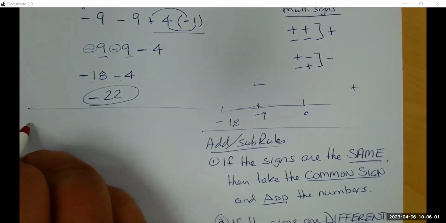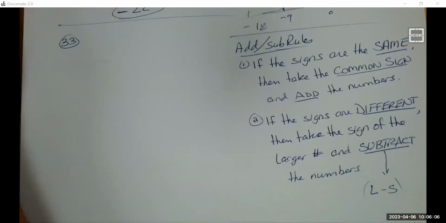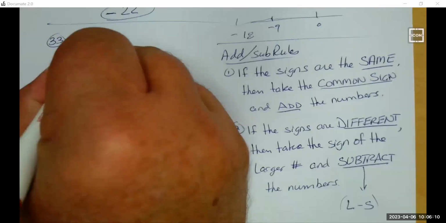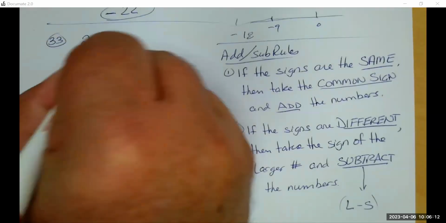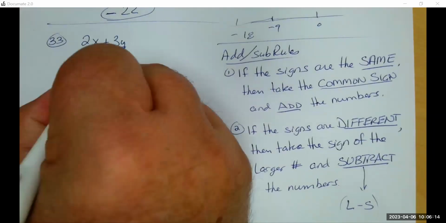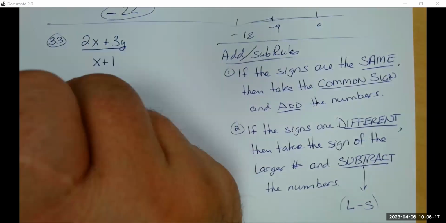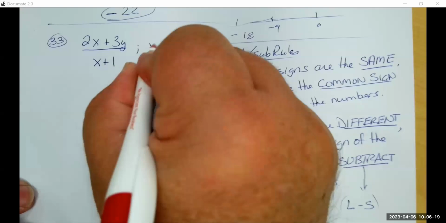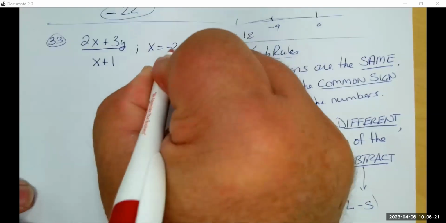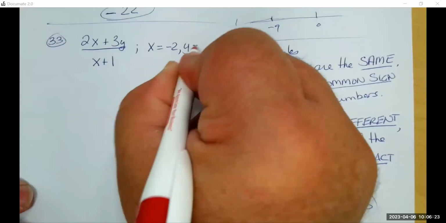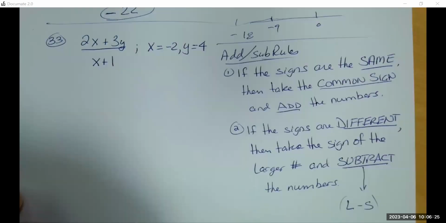All right, let's look at number 33. Two x plus 3y over x plus 1 when x equals -2 and y equals +4.